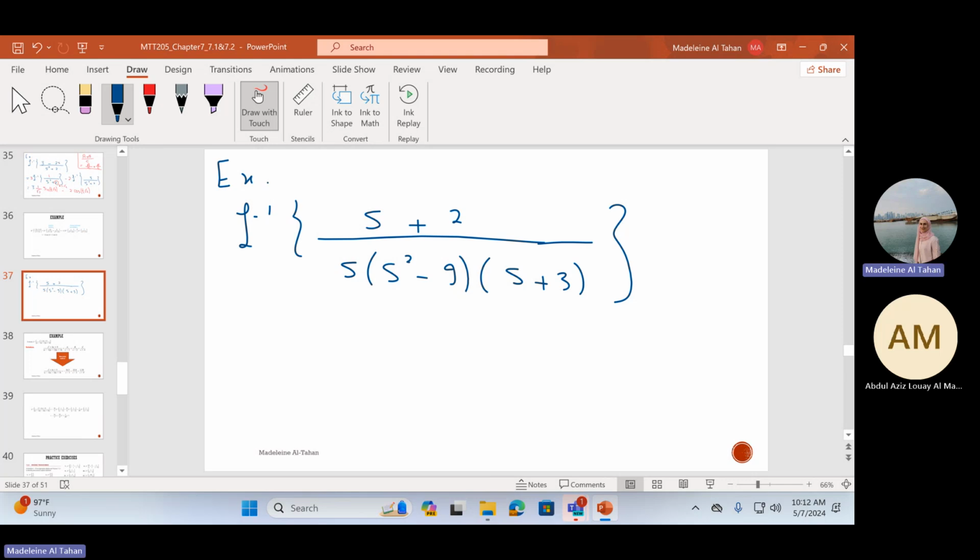Option. Partial fraction. So in the numerator, we can separate them. They are under addition or subtraction. In the denominator, we don't have the right to separate.